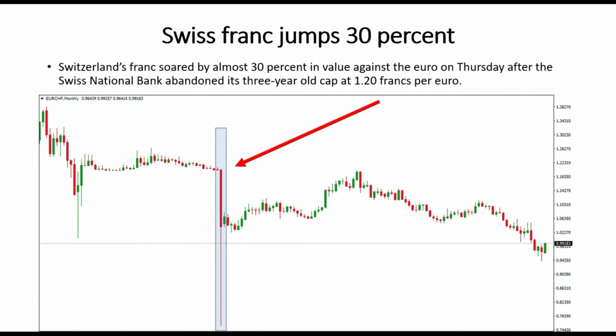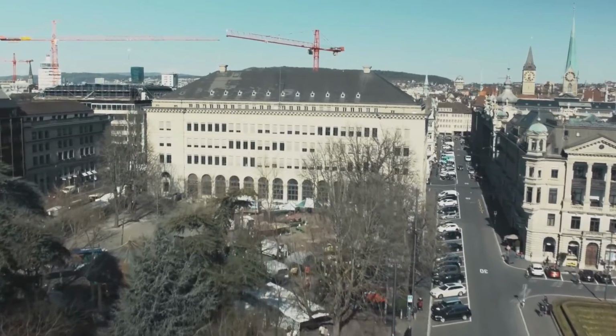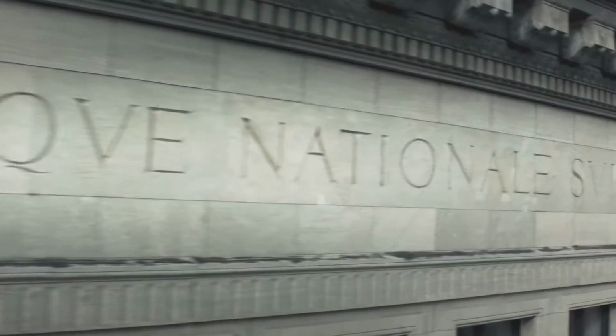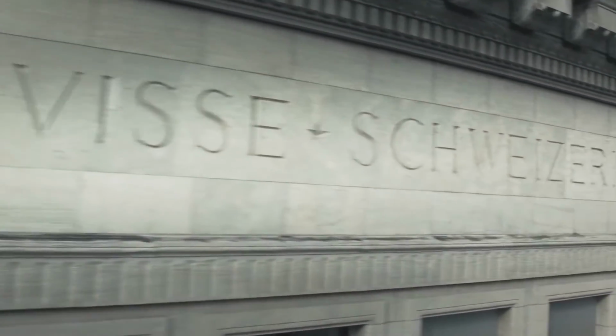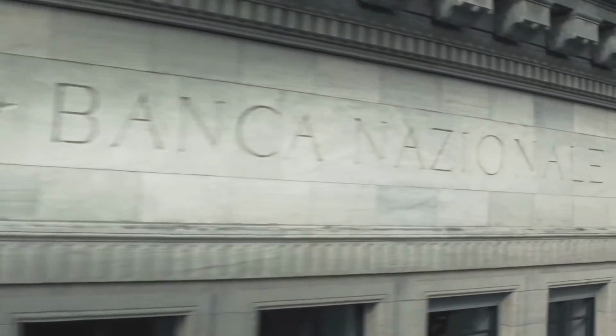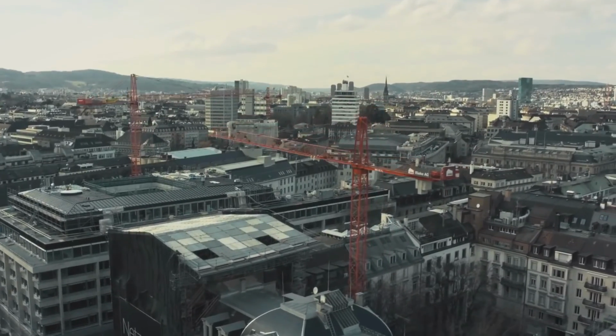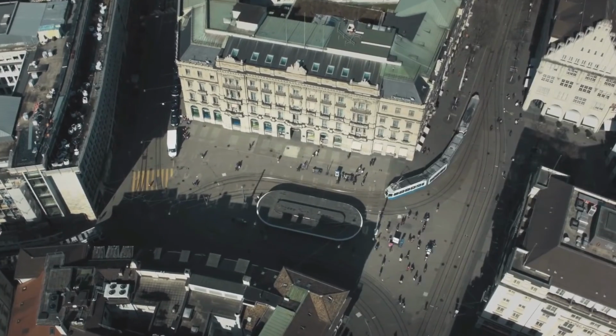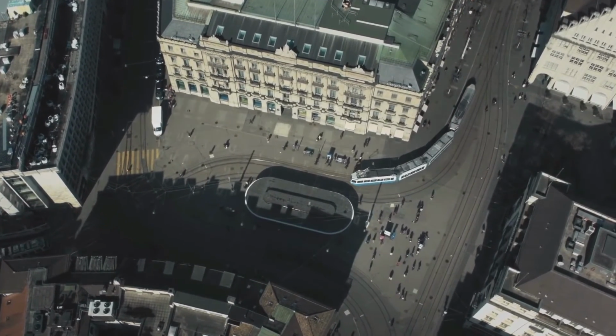What happened then? I will just give you one example. It was 2015, if I remember. The Swiss bank wanted the euro franc ratio to stay above 1.2, and they said: if price goes below 1.2, we will intervene and we will not allow the price below 1.2.